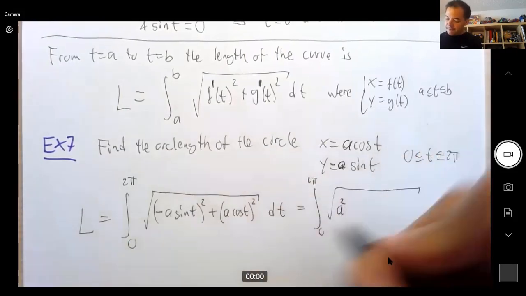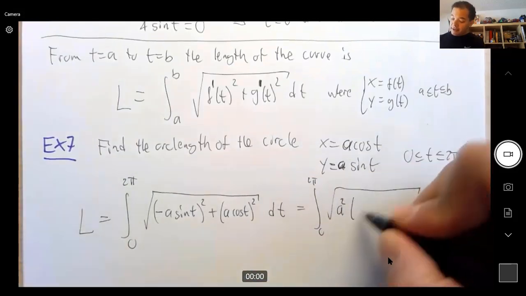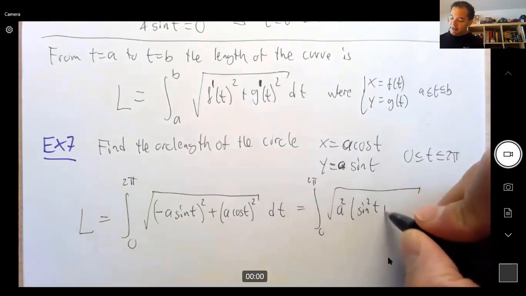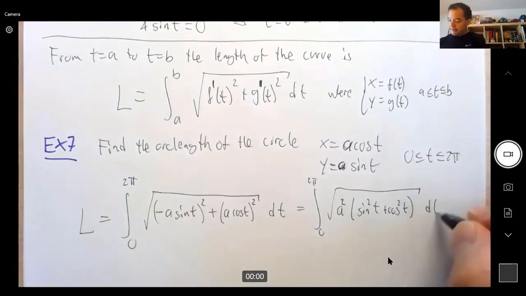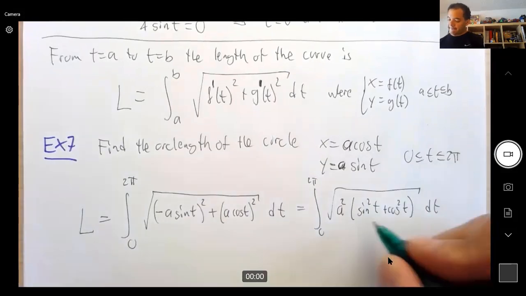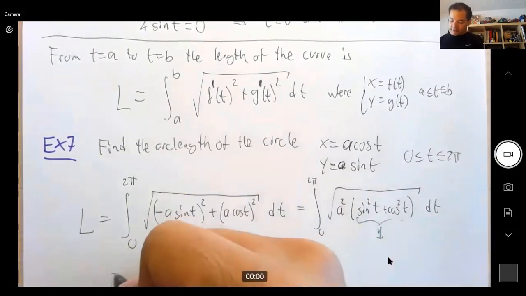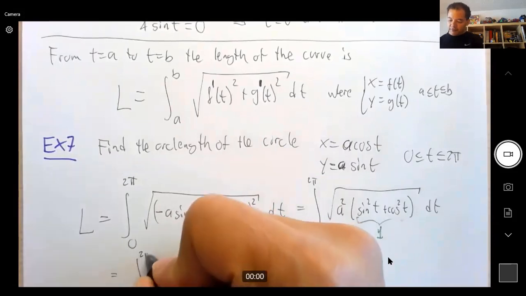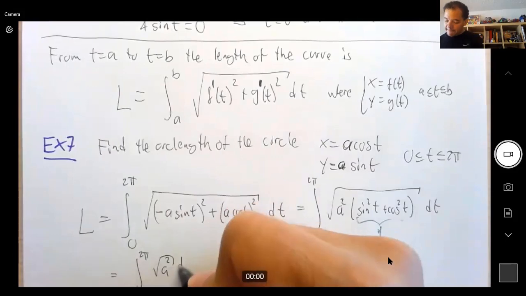It's a squared. The negative sign goes away because we're squaring it. And then we get sine squared t plus cosine squared t. And we're well aware that this is 1. So this becomes the integral from 0 to 2 pi of the square root of a squared.